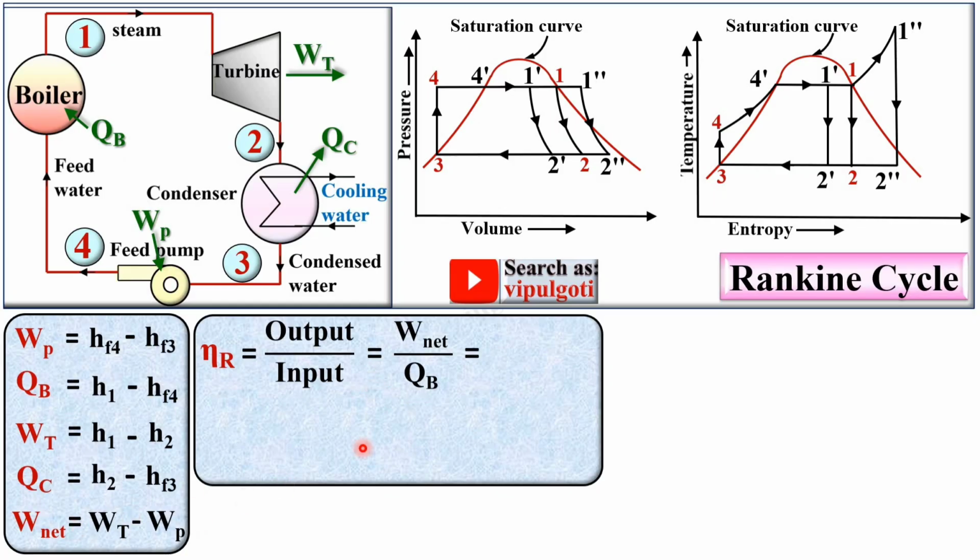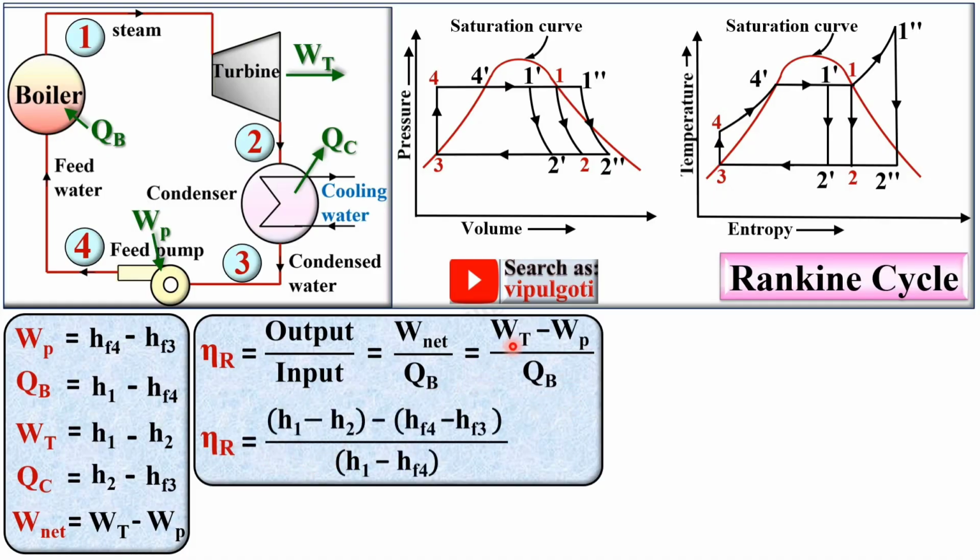Put the value of W net as WT minus WP upon QB as it is. So now you can put WT is equal to H1 minus H2, WP is equal to HF4 minus HF3, and QB is equal to H1 minus HF4. So this is actually the efficiency of the Rankine cycle.